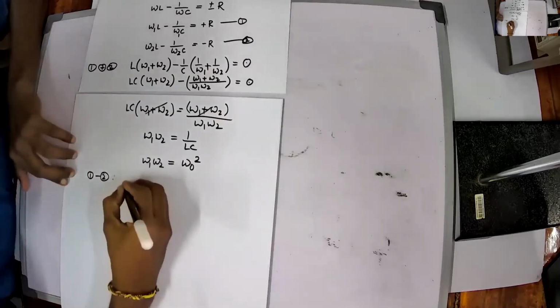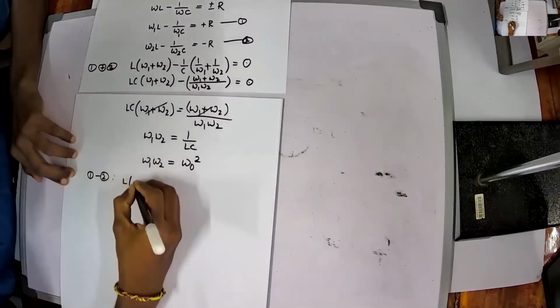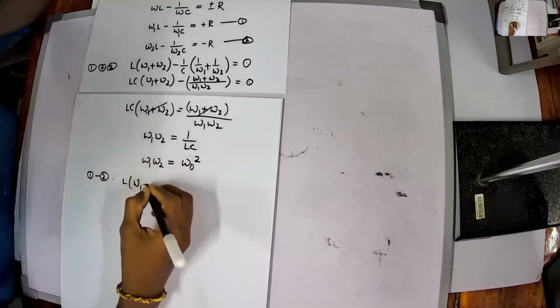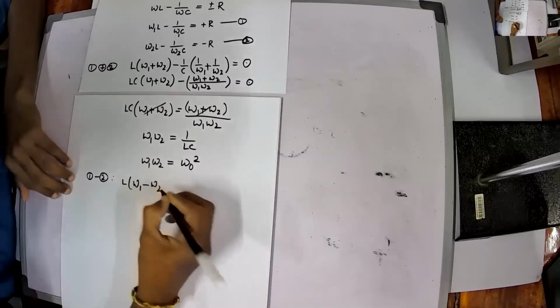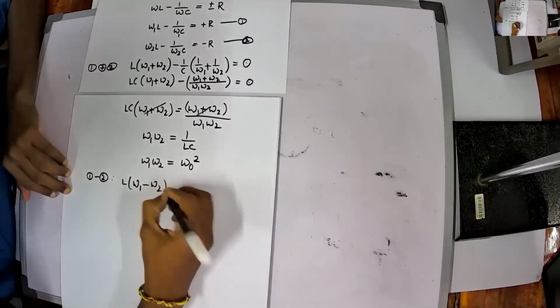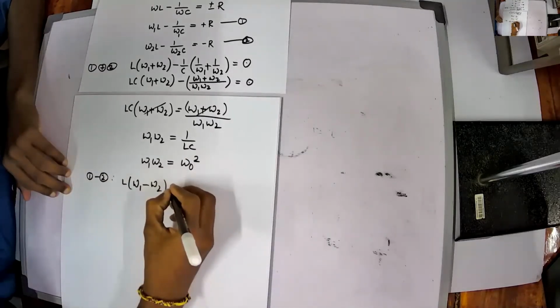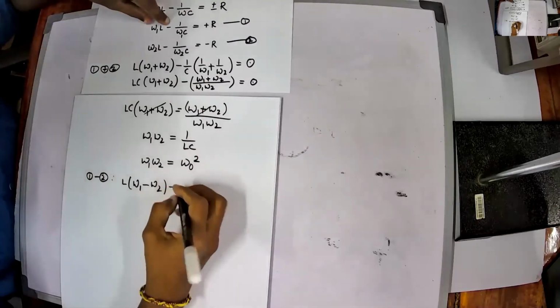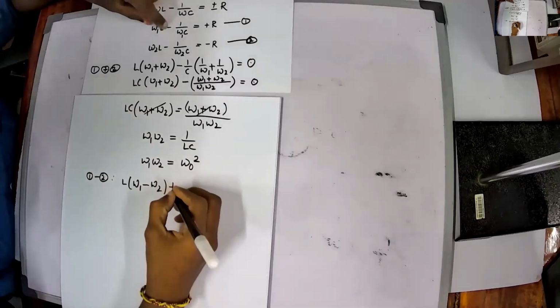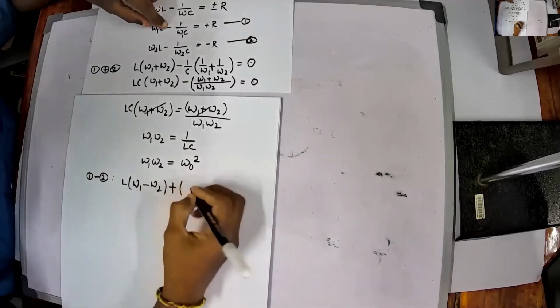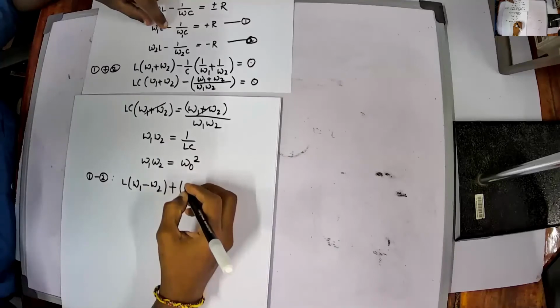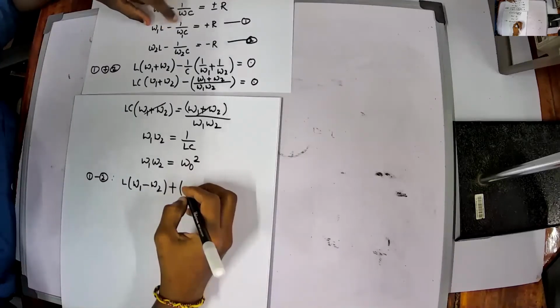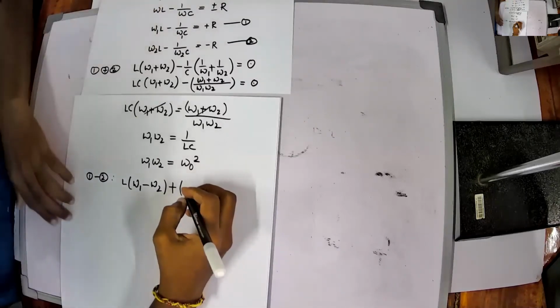Yes, so L into omega 1 minus omega 2, right? And then while you are subtracting it, minus, I can make it plus, because there is already a minus, so I can take it as omega 2 minus omega 1.